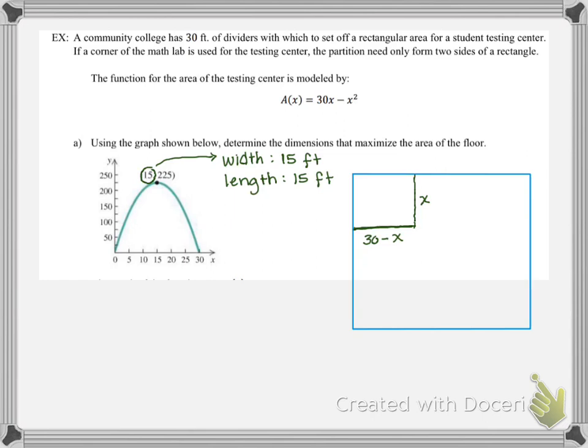Yeah, so our function is an area function, which means its outputs are area. So the y values on this graph are the areas corresponding to each width that I could make for my rectangle. So the x values are the width of my rectangle, and the y values are the area of my rectangle.